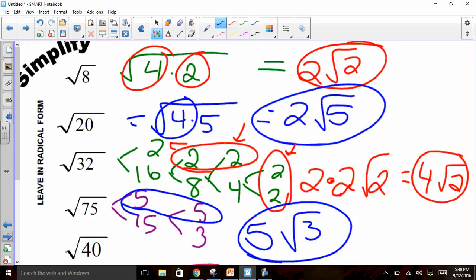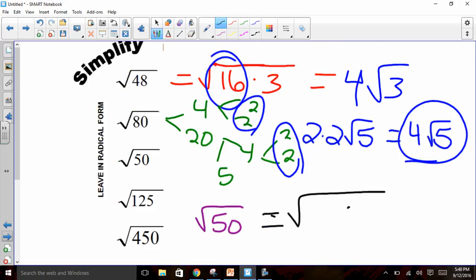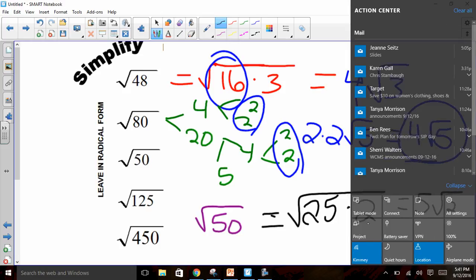Well, when I see 50, I try and think to myself quarters, right? Because a quarter, or 25, is perfect. I know that 2 quarters gives me 50 cents. So 25 times 2 is how I get to 50. 25 is perfect. The square root of 25 is 5. That square root of 2 just follows with.